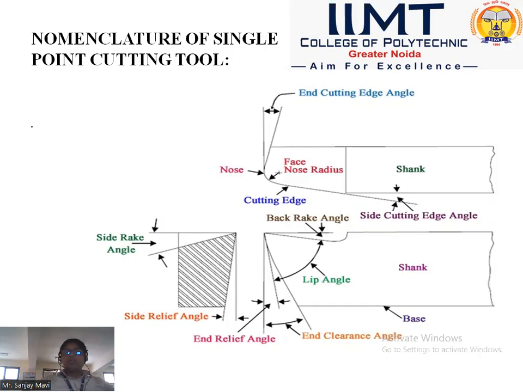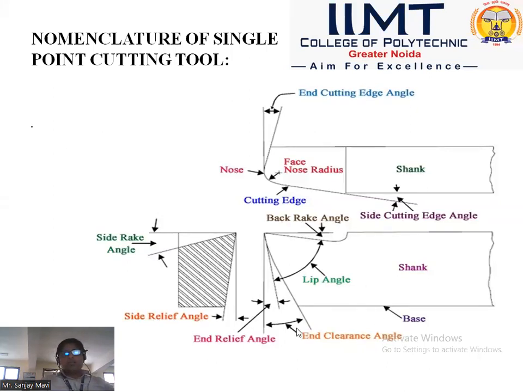If we machine a harder material, then we need a stronger cutting tool. For that, we need a more positive back rake angle, and so on.